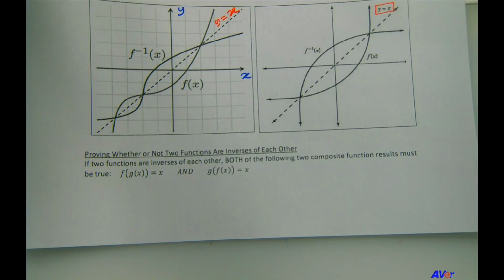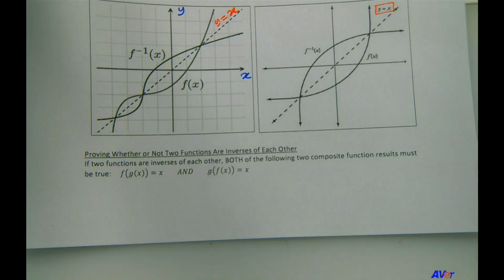Composite functions are functions where you embed or place one function inside another function. So we'll do that to show whether two functions are inverses of each other, and as a result, we would expect to get x. Always we expect to get an x, just x, with nothing else attached to it, if in fact two functions are inverses of each other.